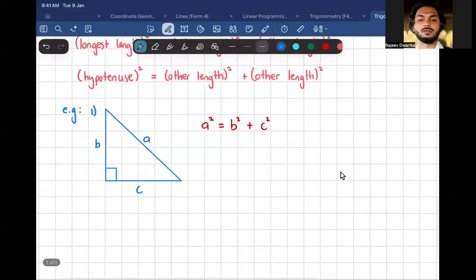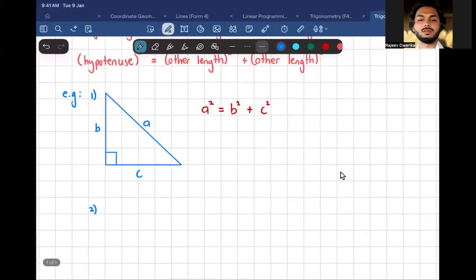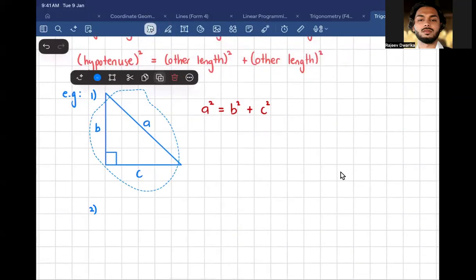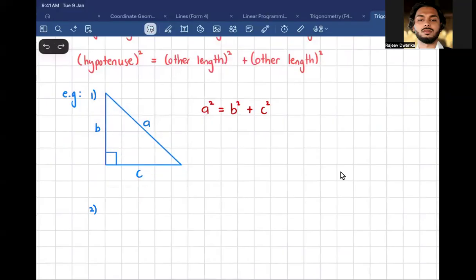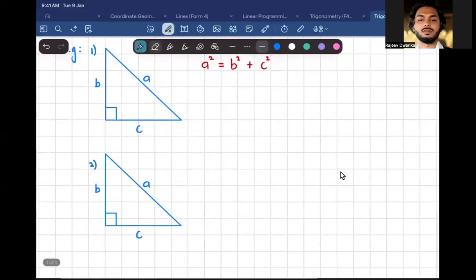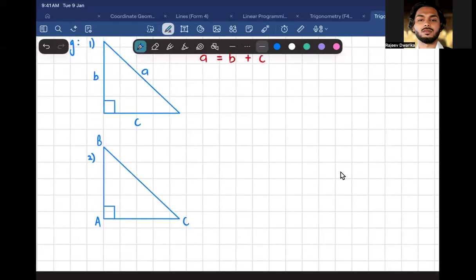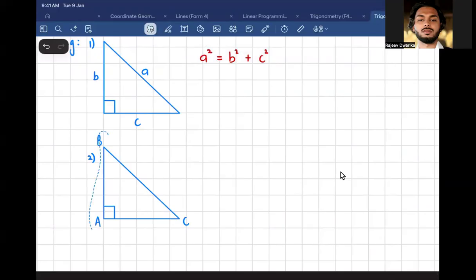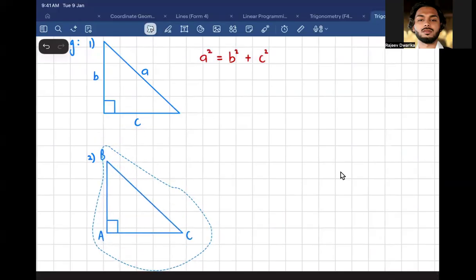Now again, you'll see why I wrote it in terms of a sentence rather than letters. They love to change up the labeling of the diagram. So every time you see A, B, and C, sometimes you might see something like this. If the diagram is labeled like this, let me show you how you would interpret it.